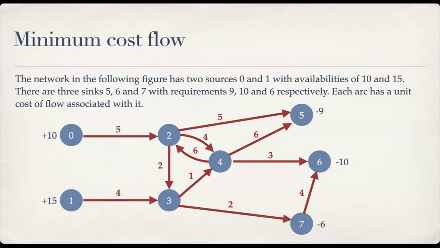For the output, at node 5 the outgoing is 9, the output here is 10, and the output here is 6. For this system, incoming is 25 and outgoing is also 25, so nothing is left inside. All we have to do is ship the goods through the network with minimum cost.